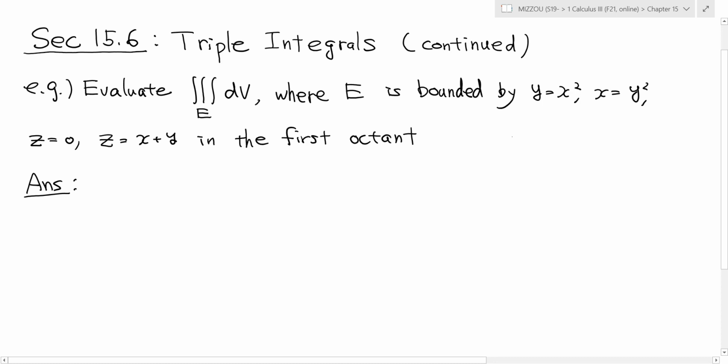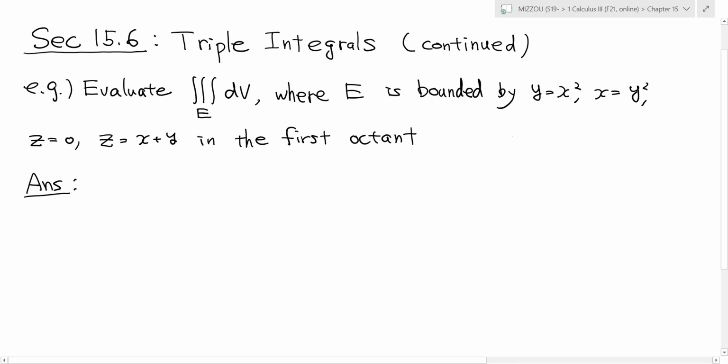If you look at all those equations, y is equal to x squared, x is equal to y squared, and here we have x plus y. So x and y are quite complicated. On the other hand, z appears just as z here, and it appears only twice. So apparently, the variable z is the least complicated variable, and that's the variable you should integrate first.